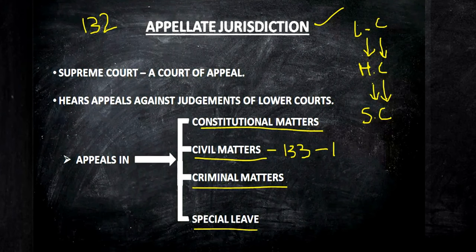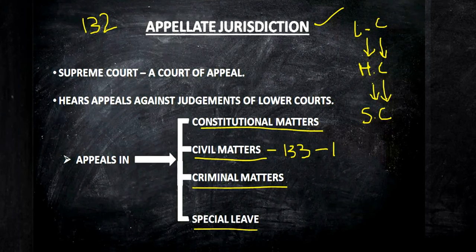Is it clear? Now the second situation is that the High Court has withdrawn a case from the lower court and sentenced the accused to death. That means a case is under trial in the lower court and no judgment has been given yet. But still the High Court has taken that particular case from the lower court as it felt that the case is of great importance.